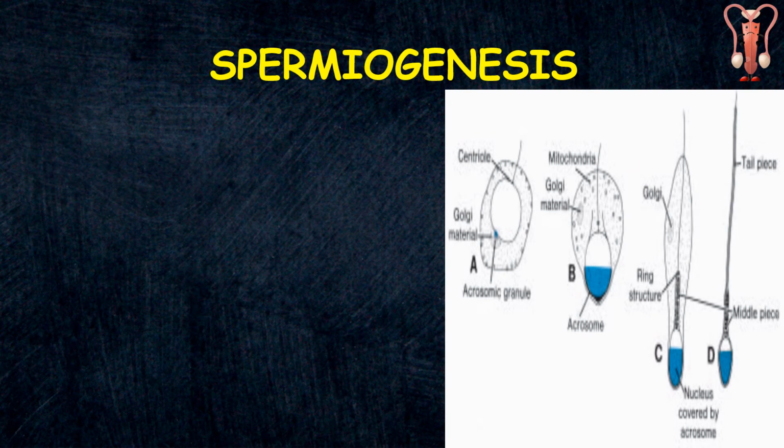Spermiogenesis. During the formation of the spermatozoon, the components of the spermatids which take part in forming the spermatozoon undergo some changes.